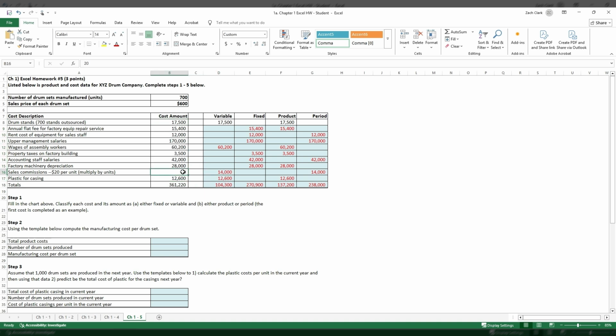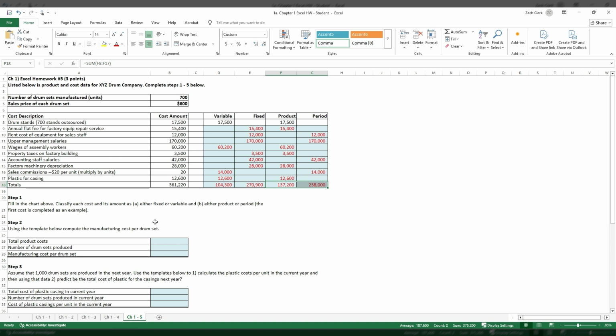It'll throw us off a little bit because that just shows 20 as multiplying by unit. So the real total cost would be 20 times the 14,000 if we were trying to exactly line that up. But when you factor that in, our total cost becomes 375,200. So we've now classified those correctly, and we're done with step one.